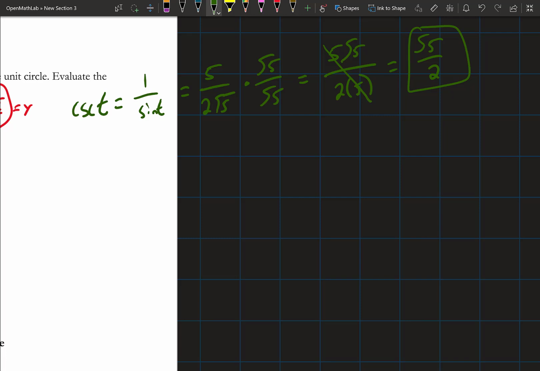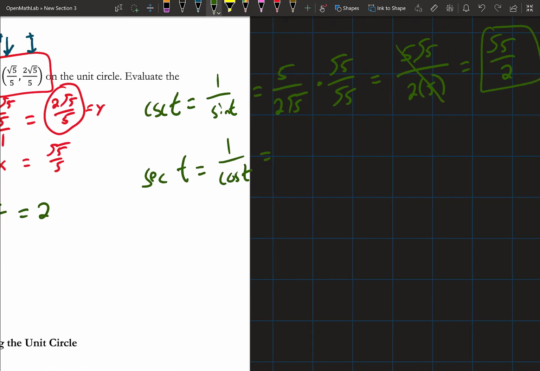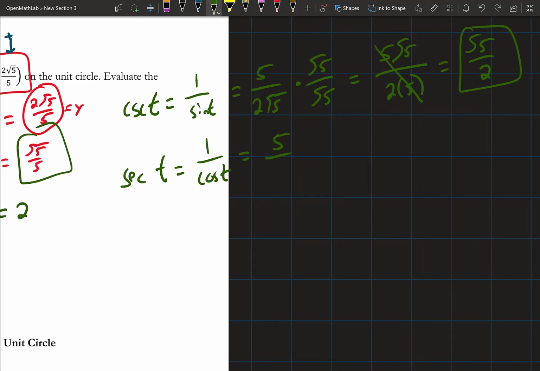Right, so that's cosecant. And then lastly, we need to find secant of t, which is 1 over cosine of t. Right, so we would just take the reciprocal of cosine, which would be 5 over radical 5. So we need to rationalize the denominator.